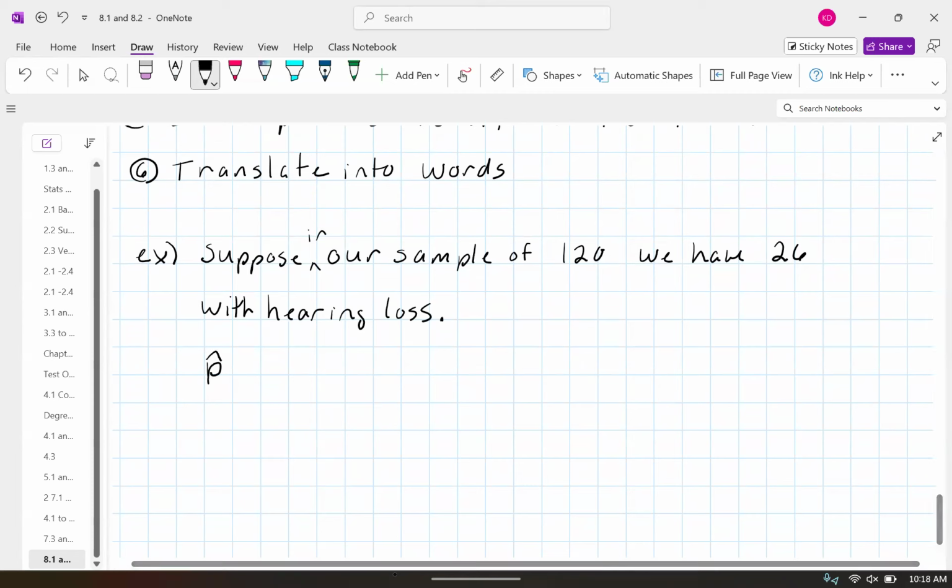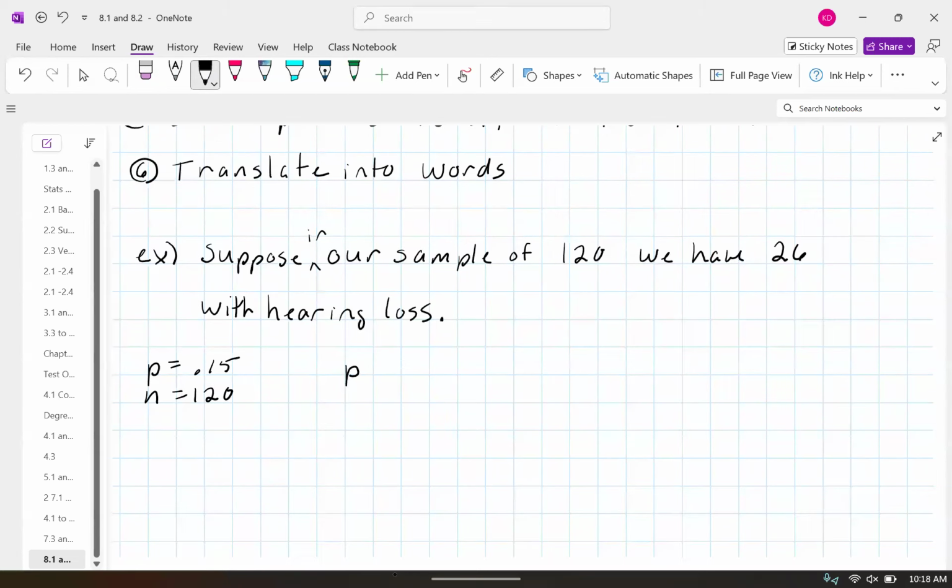We know our p from before, so let's say p equals 0.15. Our n is still 120. What is our p-hat? Well, we take our 26 divided by 120, which is 0.22, let's call it.